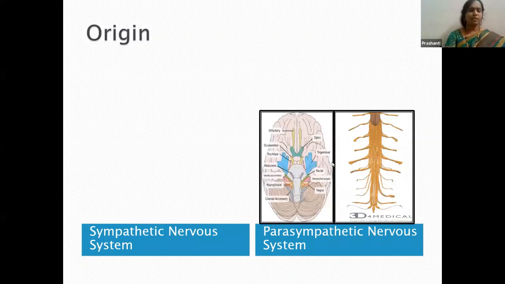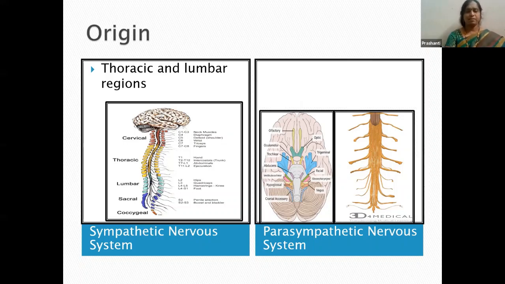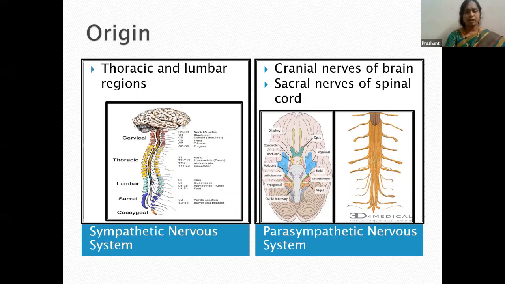And the sympathetic nervous system originates from the thoracic region, that is T1 to T12, and lumbar, that is L1, L2. So it is thoracicolumbar origin, children, and the parasympathetic is the craniosacral region. So this is the difference from the point of view of origin.